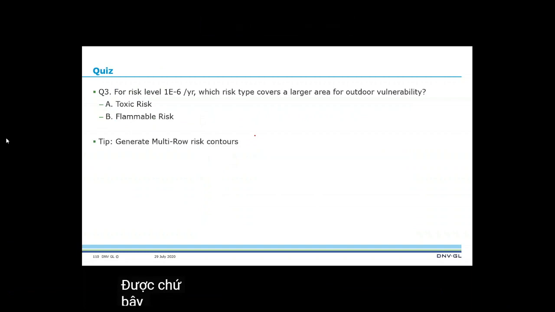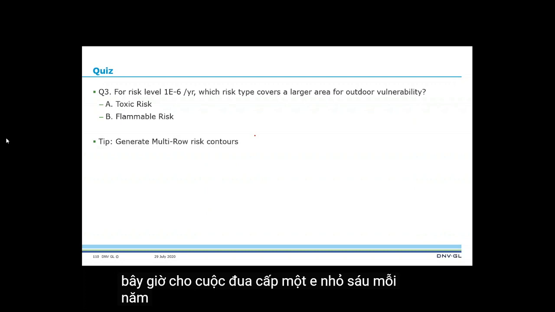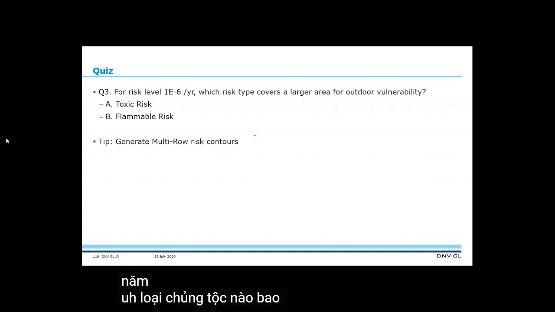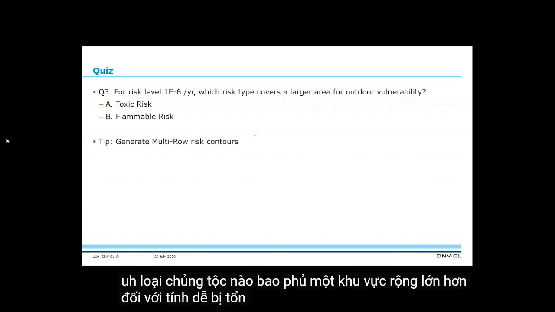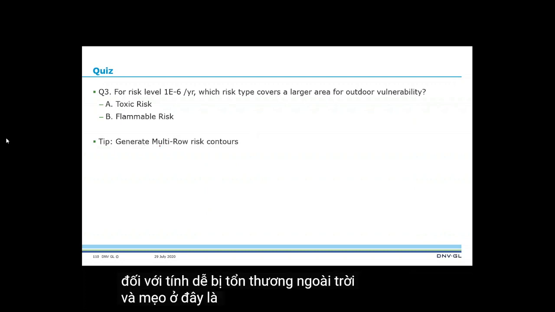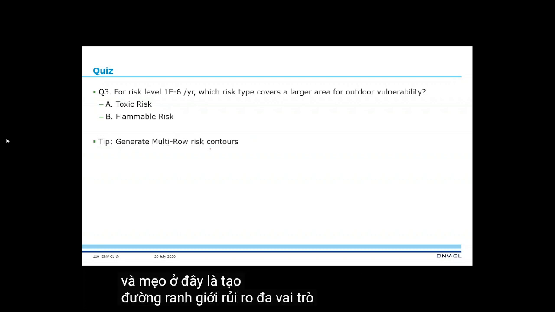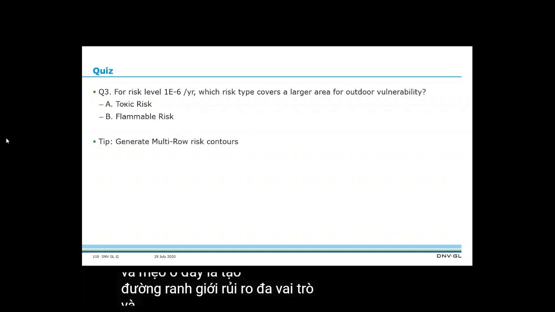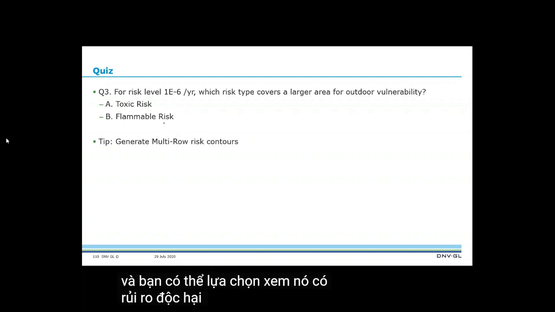Okay. Now, for risk level 1E minus 6 per year, which risk type covers a larger area for outdoor vulnerability? The tip here is to generate the multi-row risk contours, and you have a selection of whether it's toxic risk or flammable risk.